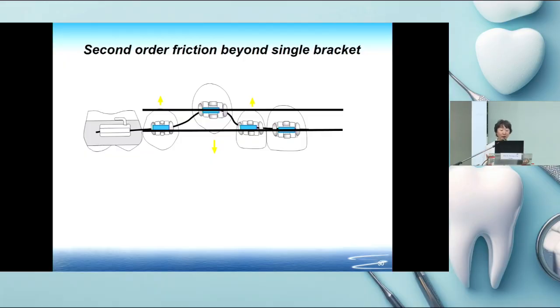And we also need to see the second order friction beyond a single bracket, beyond one bracket. Here, the tooth position will affect the sliding friction.